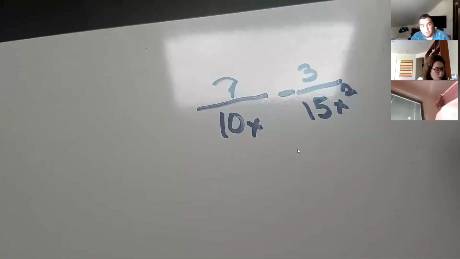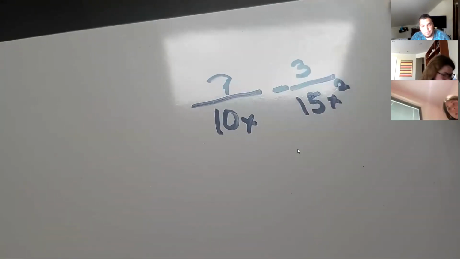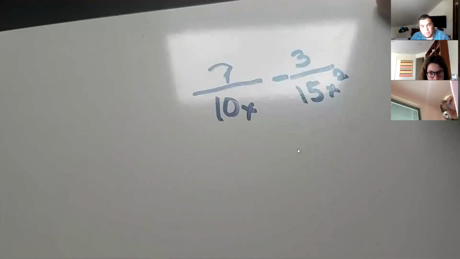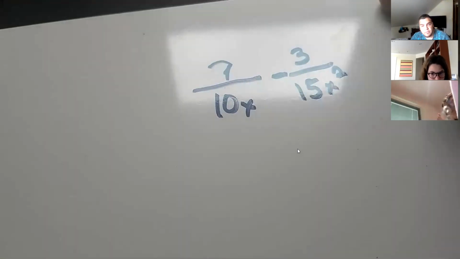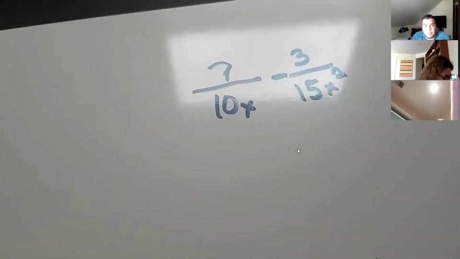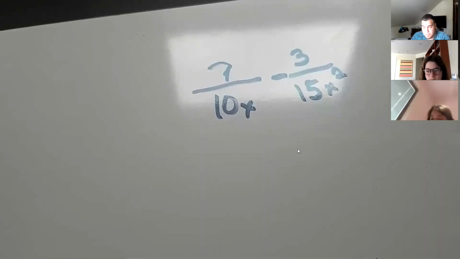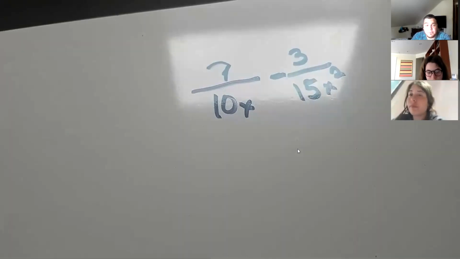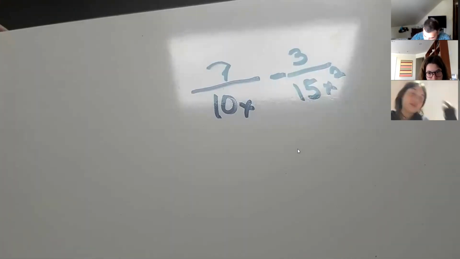It looks innocent, but we have to do a little work with it. So 7 over 10x minus 3 over 15x squared. So first off, check the denominators. Are they the same? No, so they're not the same. So now we're going to have to figure out what's in common.